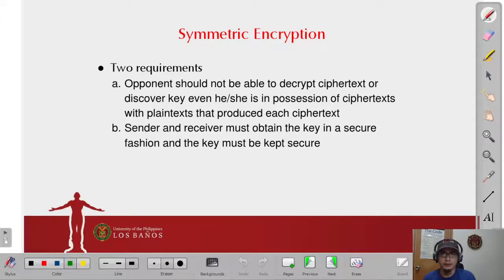Now, for symmetric encryption, what are the two requirements for this to work? The first one is that the opponent should not be able to decrypt ciphertext or discover the key, even if he or she is in possession of ciphertext along with the plain text that produced it. As an attacker, my goal is to decipher the ciphertext, to get the plain text out of it.